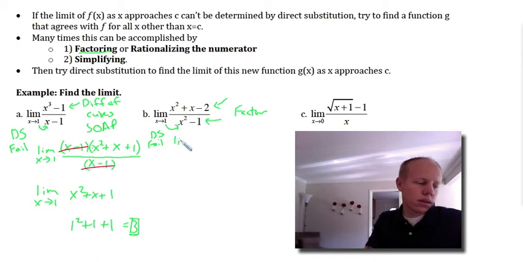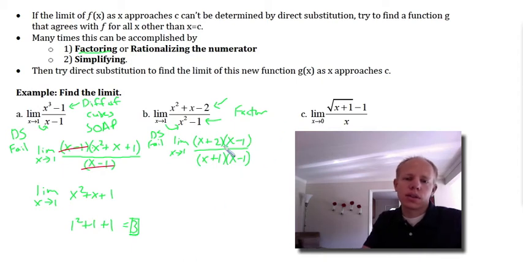So we get the limit as x goes to 1, and yes, you do want to rewrite this every time because that's what we're trying to solve. We'll factor the numerator, and then we're going to factor the denominator. And then we're going to simplify, and so you can see our x minus 1's are going to cancel out.